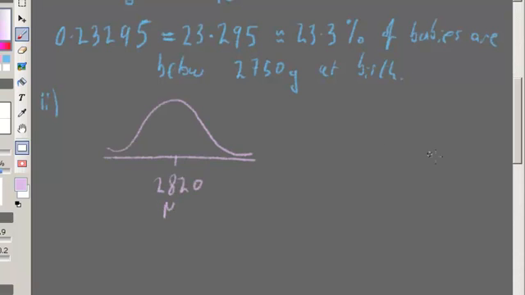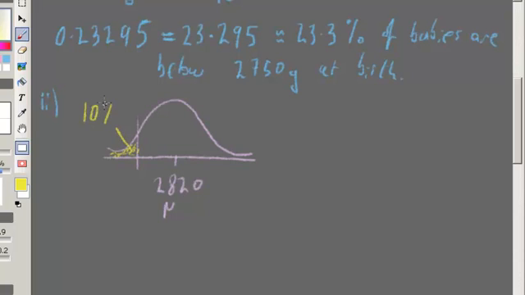But here the NGO want to put some level in here, and they're going to give all these children a supplement. But instead of telling you what this level is going to be and asking what percentage is going to be, the NGO have decided they want to give supplements to the lowest 10%.